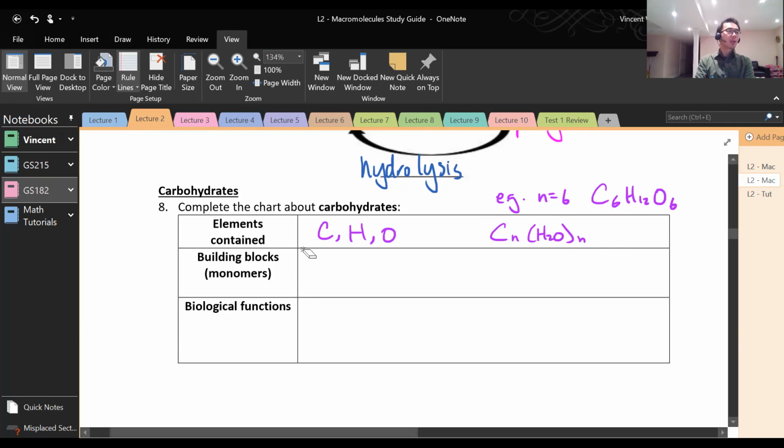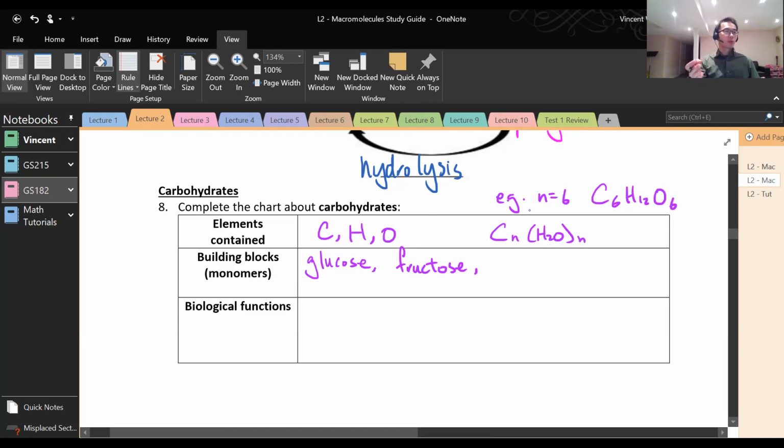So the building blocks, we have things like glucose. What's another monomer for carbohydrates? Anybody? Yep, fructose, that's correct. And I'm looking for one more. Lactose, not so much.